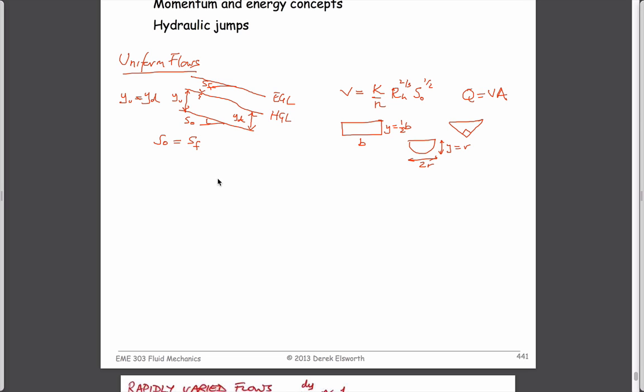a new parameter, which if we look at, say, gradually varying flows, in other words, GVF, where the change in y as you go in the x direction is much less than 1, but where it's not equal to 0.